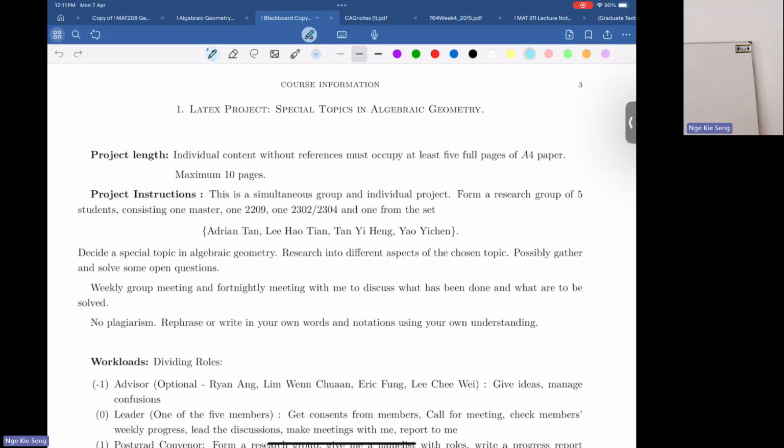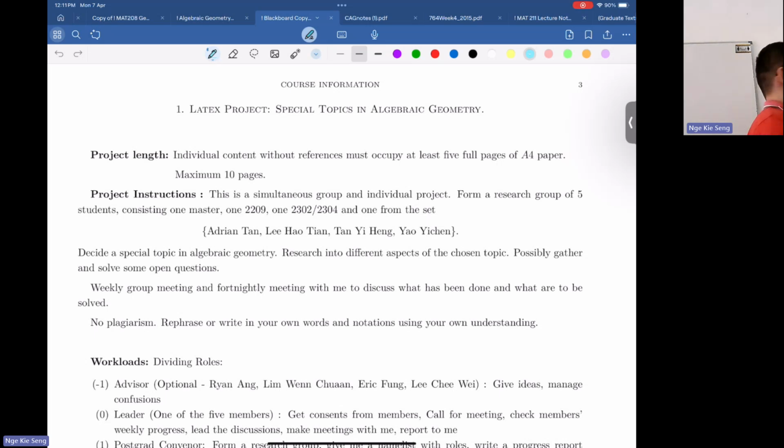So this group, right, I put some restriction here. Okay, so one group only can have 1 master. And then these master students need to find 1 ID with 2209. Okay, and then find one either from 2302 or 2304. Okay, only one, and then one from this set. This set of 4 people.